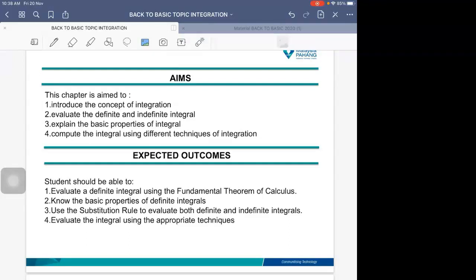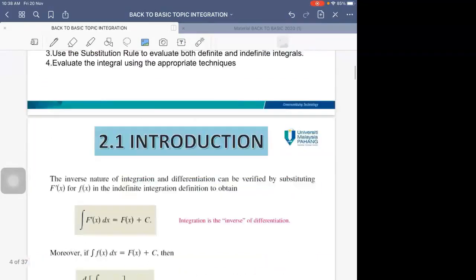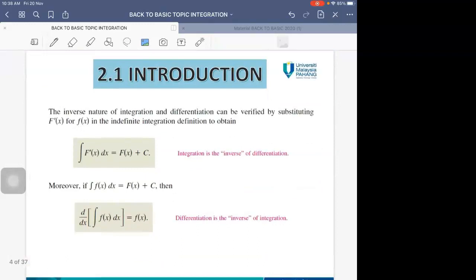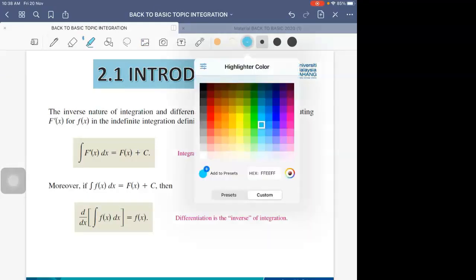So what is actually integration? Previously you learned about differentiation. Integration is actually the reverse process, the inverse of differentiation.